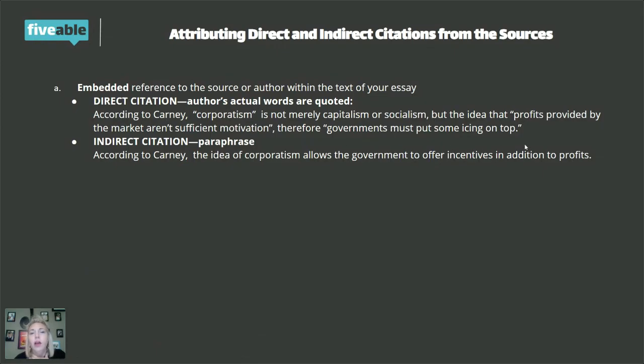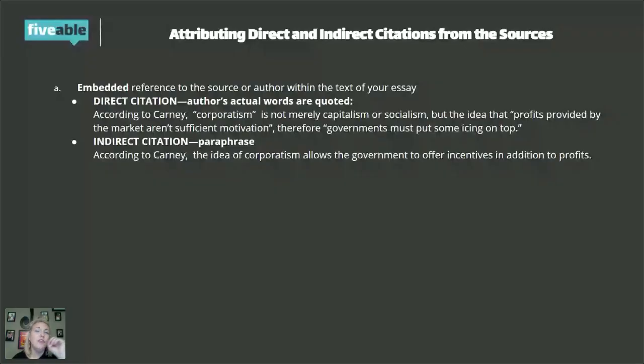Now, I didn't want to break my own rule about using 8 words or less, so I broke up that lengthy direct quotation and put a word in between there so that it's woven into my own sentence. Okay, so that is an actual citation with the author's words quoted.